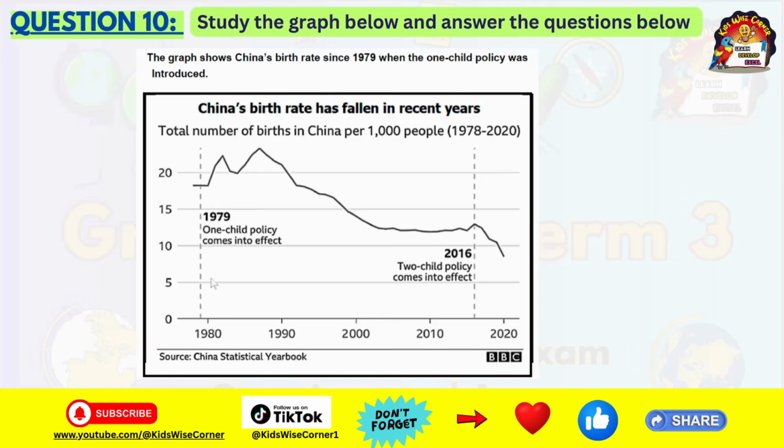You can see in 1979 when the one-child policy came into effect, the birth rate increased a little, and then since this policy came into effect, the birth rate had fallen, and by 2020 the graph is going down, but in the year 2016 the two-child policy came into effect.